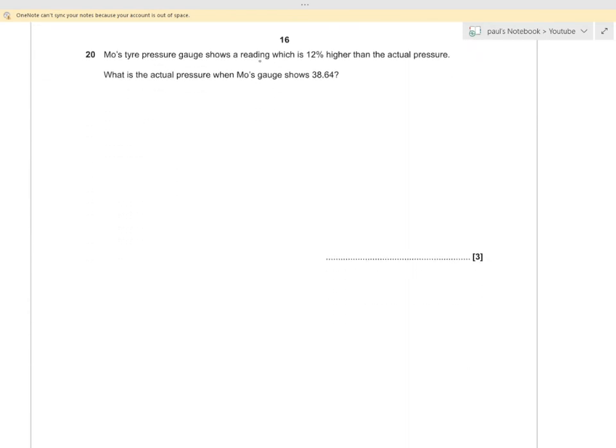Right. A pressure gauge shows a reading 12% higher than the actual. What's the actual pressure when the gauge reads 38.64? So we want 38.64 times 12%, and then we just add it on. 38.64 times 12 divided by 100.